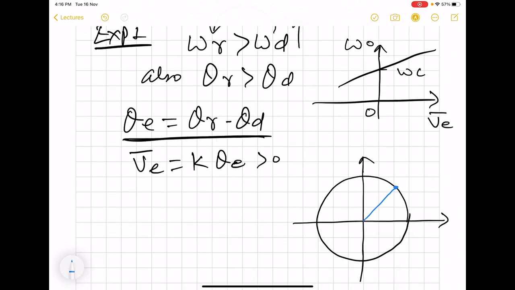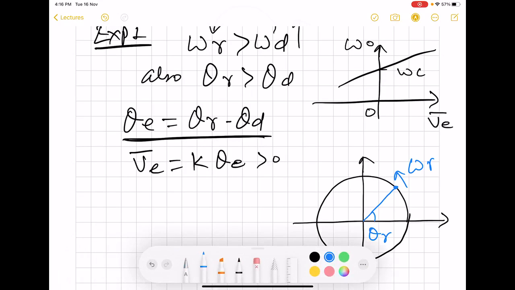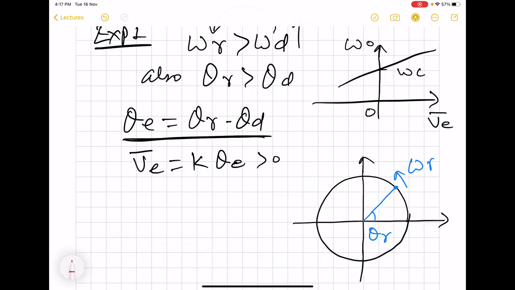So this is phasor r, and this phasor r is rotating with omega r, and at t equal to 0, it has a phase of theta r. Now at the same moment at t equal to 0, we have another phasor omega d, and this has a phase of theta d. So here we can see that we have a phase difference of theta e given by this method.